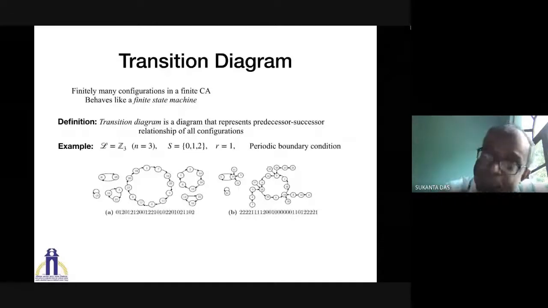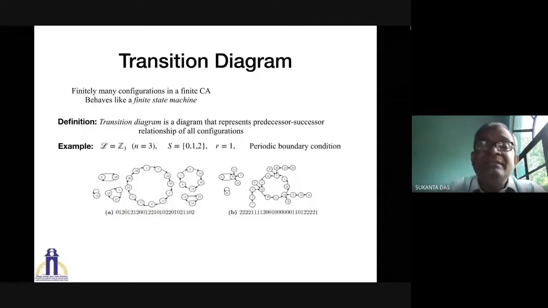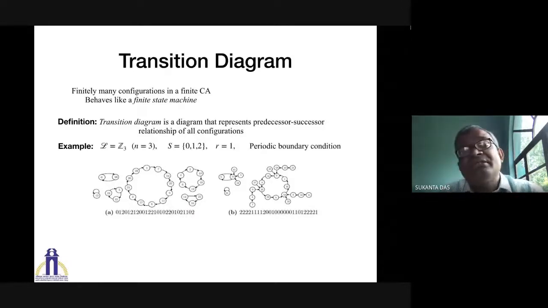That is k to the power n. Simple, k to the power n. Here k is equal to 3 and n equal to 3, so in both cases the number of configurations is 27. Now see what I'm getting out of here.